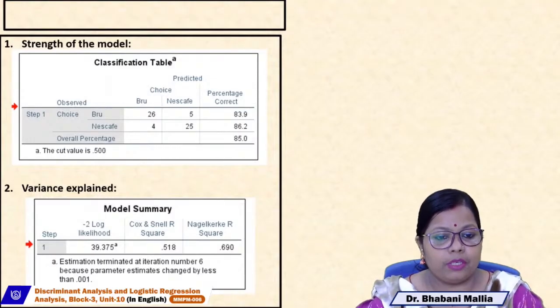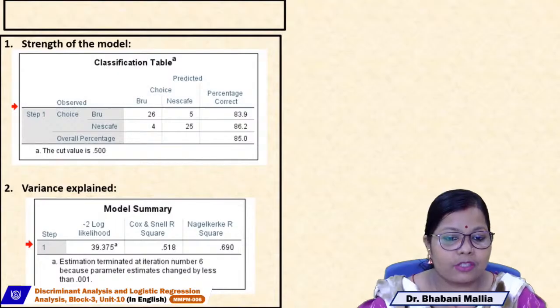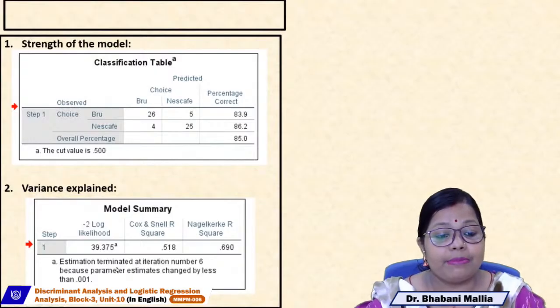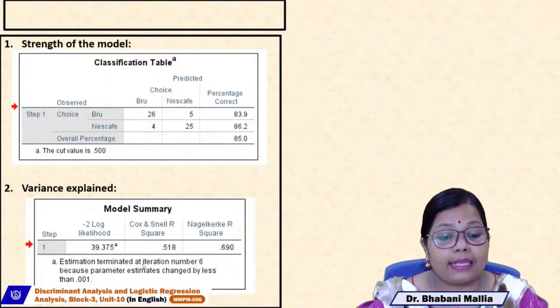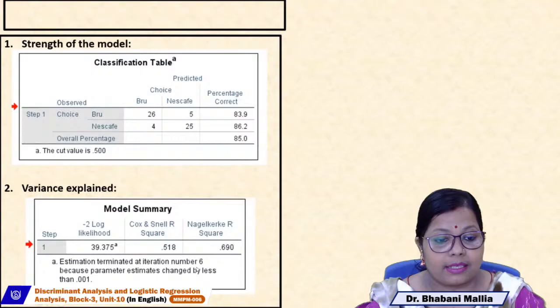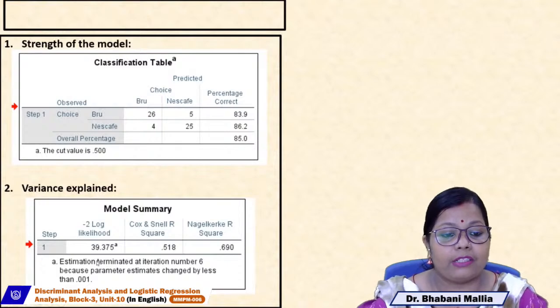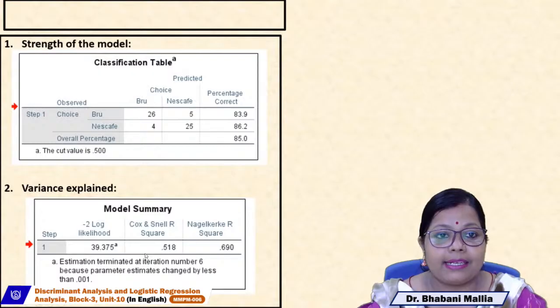The log likelihood, Cox and Snell R square and Nagelkerke R square values are given. Estimation terminated at iteration number 6 because the parameter estimates changed by less than 0.001. That is why this value has come like this. And how it is significant, let us see.